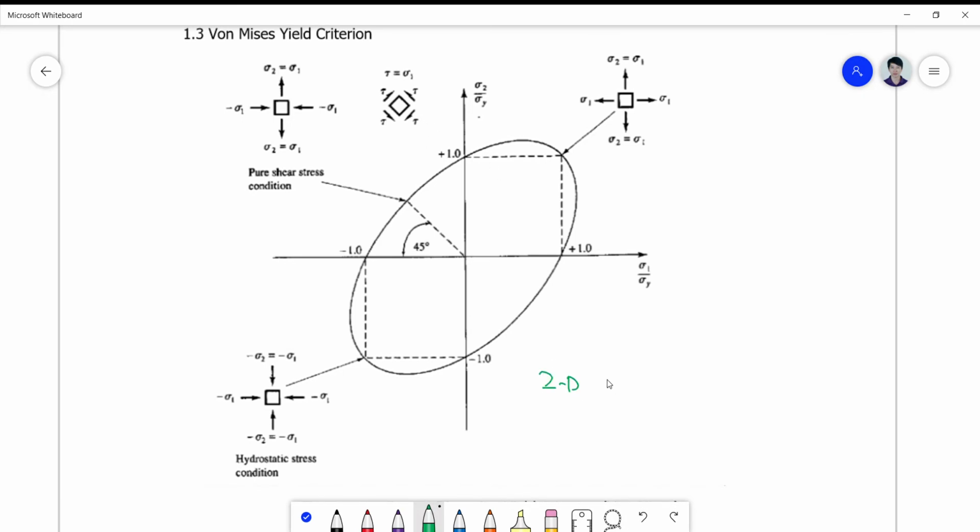state of stress, or two-dimensional behavior. So the representation is actually non-dimensional or dimensionless.